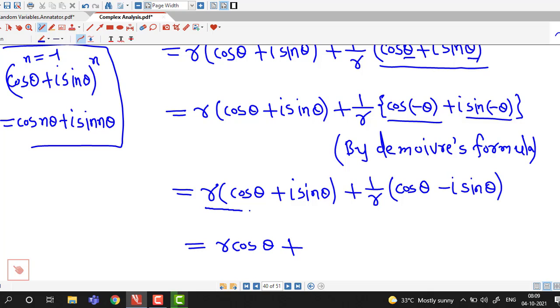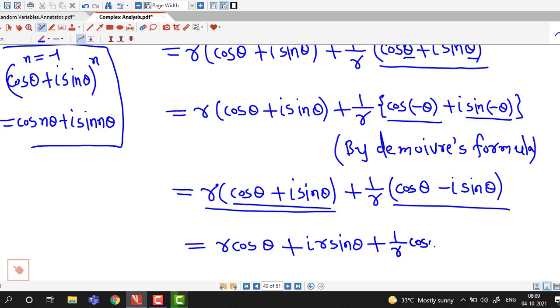So I multiply this whole bracket by r. Similarly I multiply this bracket by 1 by r. So 1 by r cos theta minus i times 1 by r sin theta.